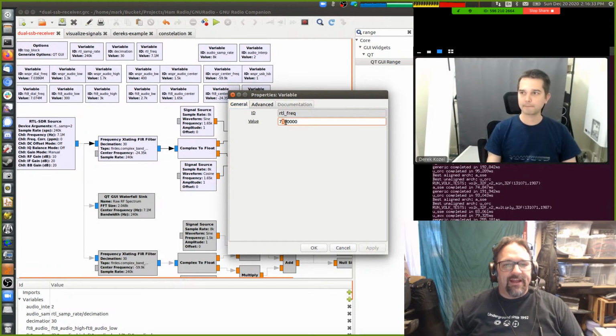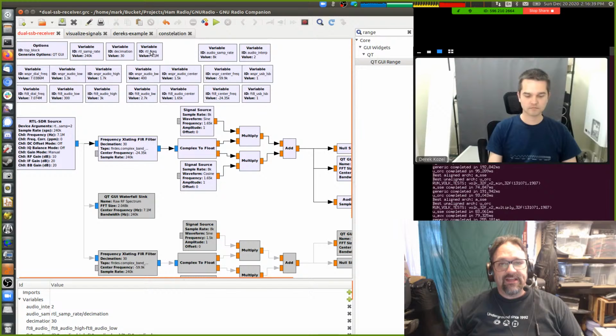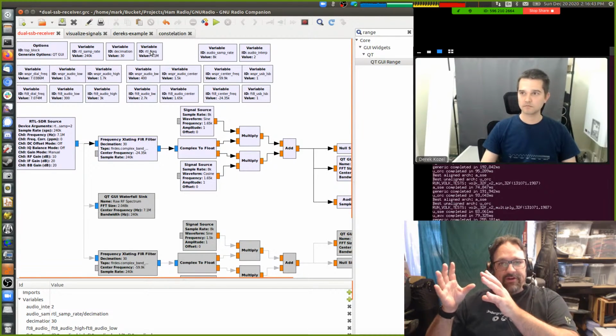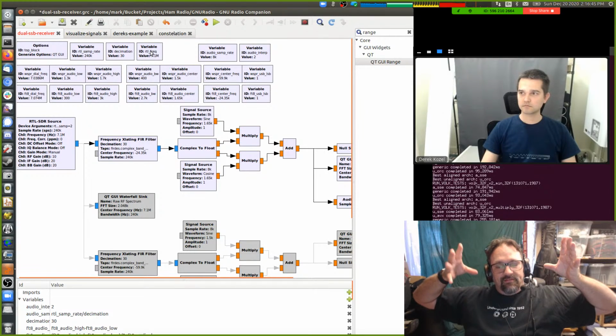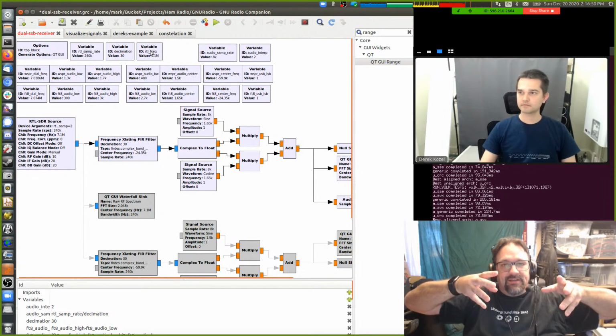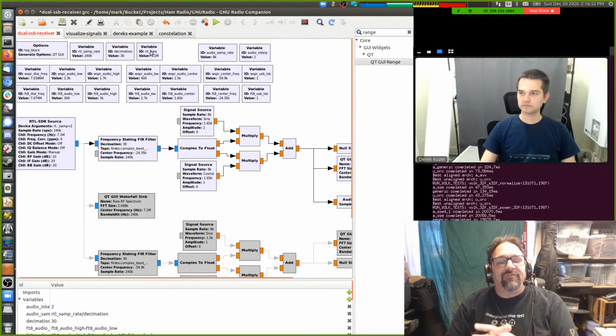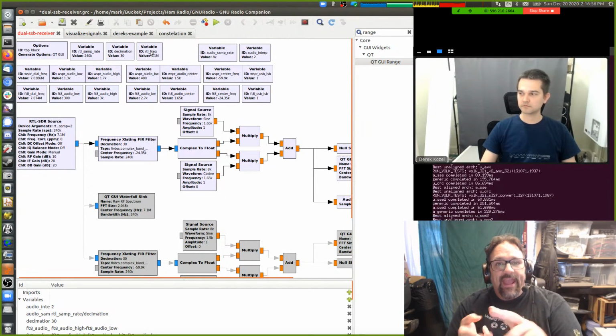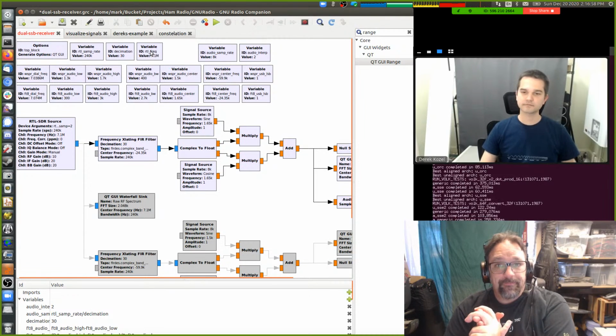So I have set the tuner of the RTL to 7.1 megahertz here, right? And so what that's done is mixed the incoming signal with a 7.1 megahertz signal and brought that, plus and minus from 7.1, down into baseband, right? So we've already had our VFO and our first mixer and our first IF filter, right?